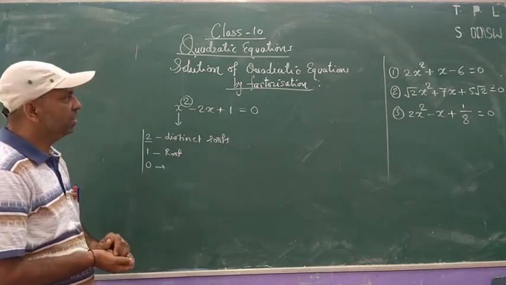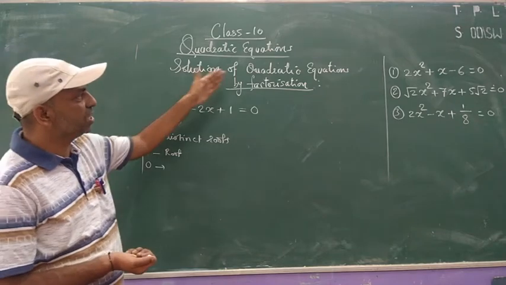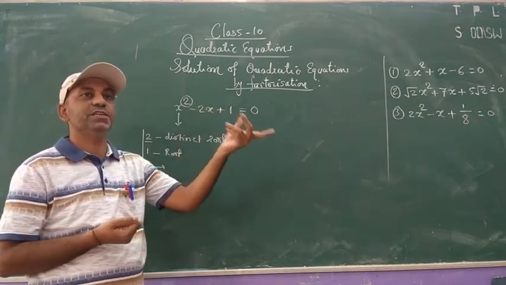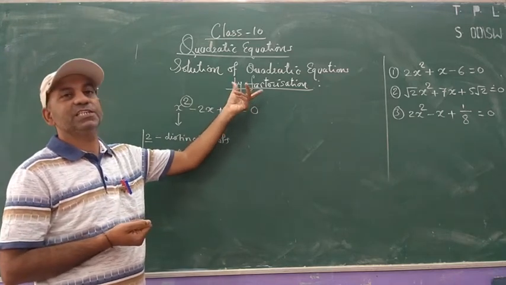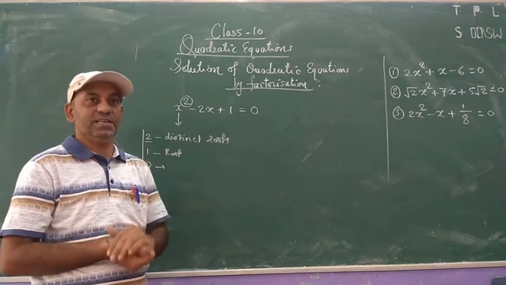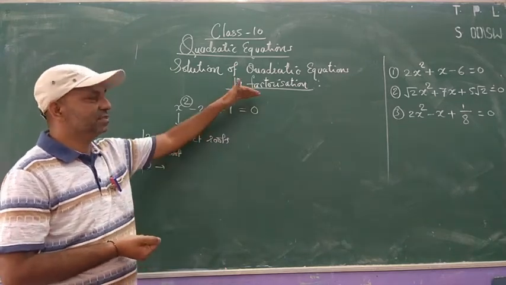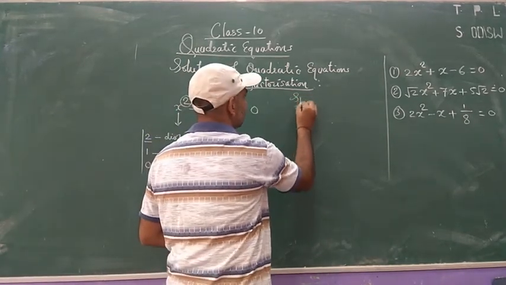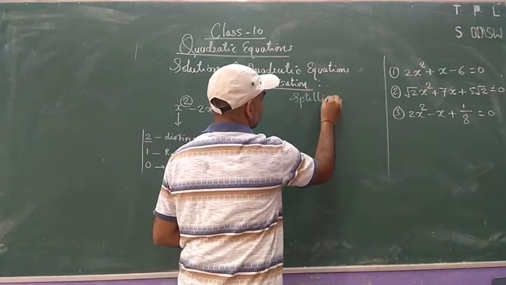Okay, so we have here, find the solution of quadratic equation, means how to find the roots of quadratic equation by factorization method. And this method you already studied in 9th class. This is also called as splitting method.